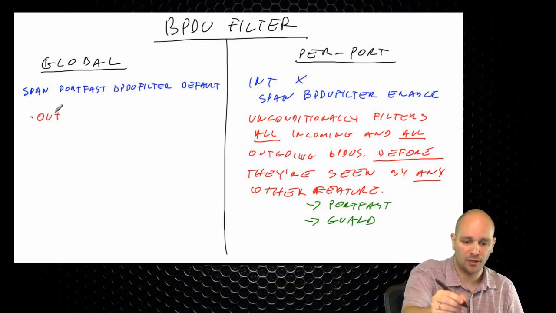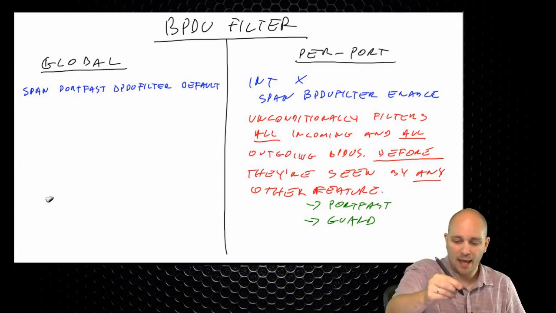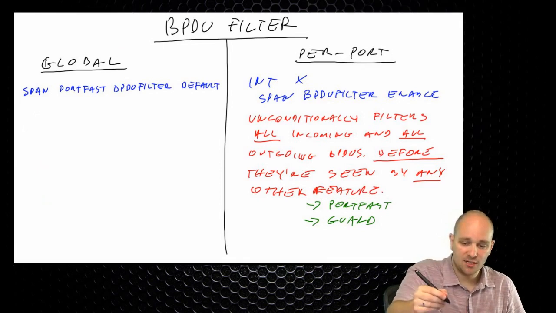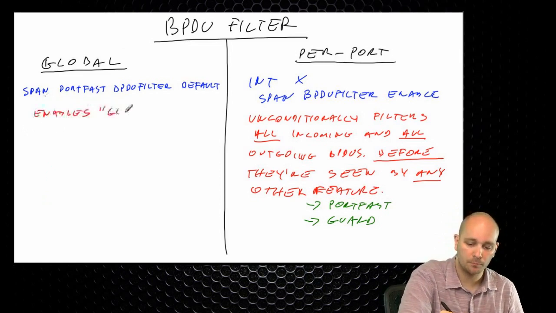actually, let me start over. This is conditional. It enables, I'm going to call it global BPDU filter, on all operational portfast ports.